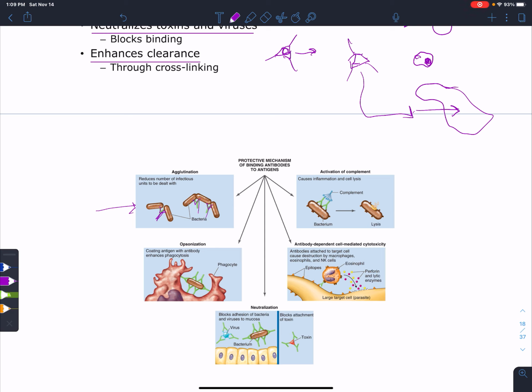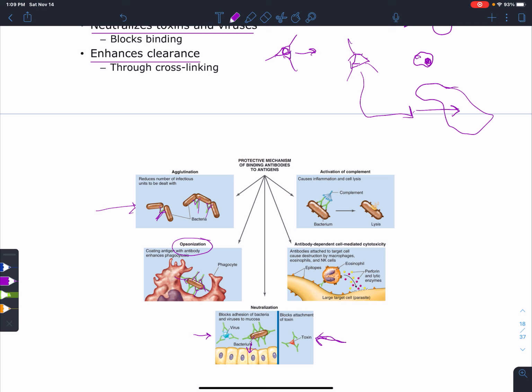All right, here's our opsonization, and we can see these antibodies have coated it. Our macrophage or dendritic cell recognizes that, eats it up. Down here you can see, I thought this was a good picture. Neutralized it so it can't infect that cell. And here's the toxin. It blocks that binding.